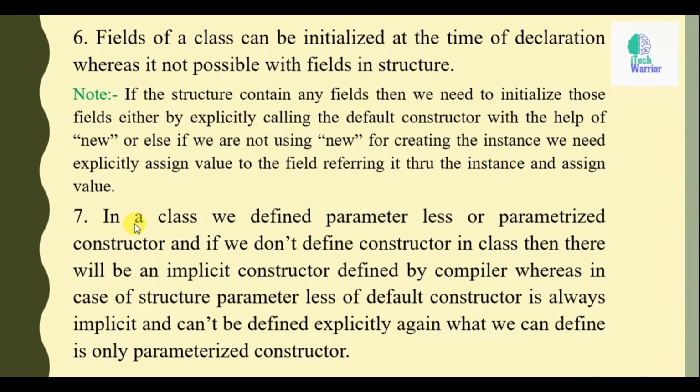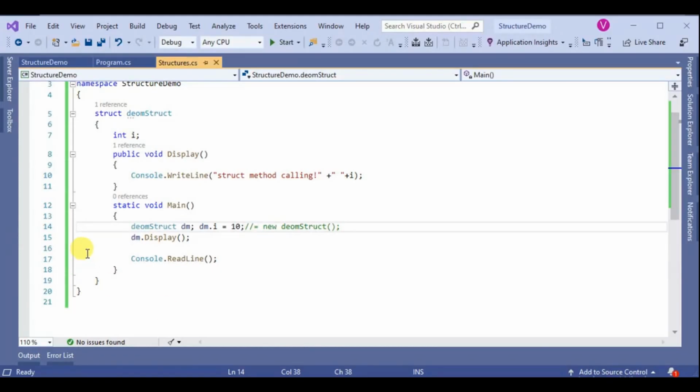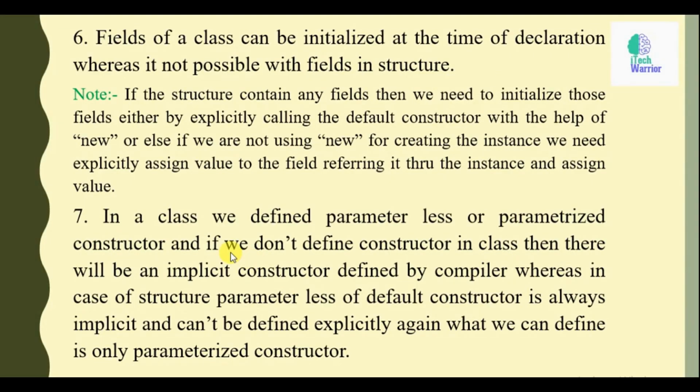In the class, the new keyword is mandatory for assigning the value, and in the structure it is optional. So the next point is 7.